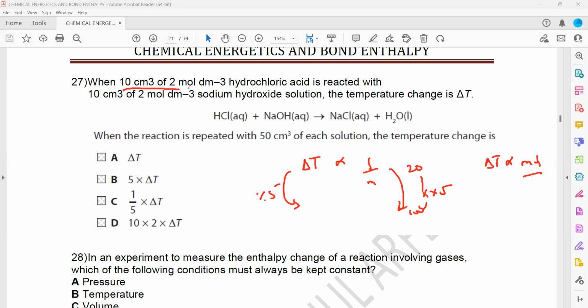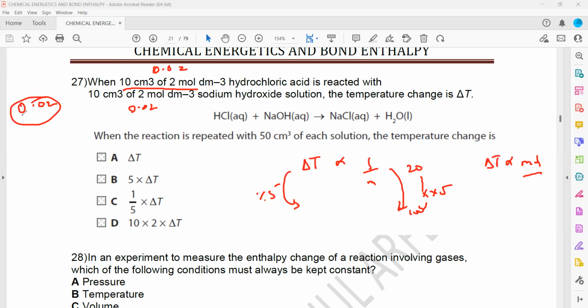When you work out the moles here, this will be 10 divided by 1000, so 0.01 times 2. So this will be 0.02 and this also 0.02. We need the moles of each reactant, because we don't need the total, as both of them are limiting, so we can take any one of them.